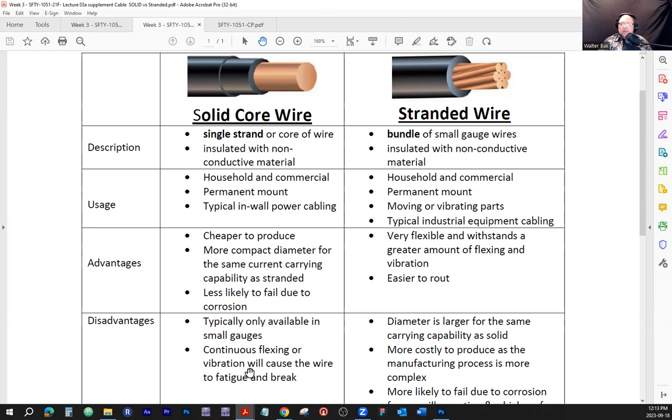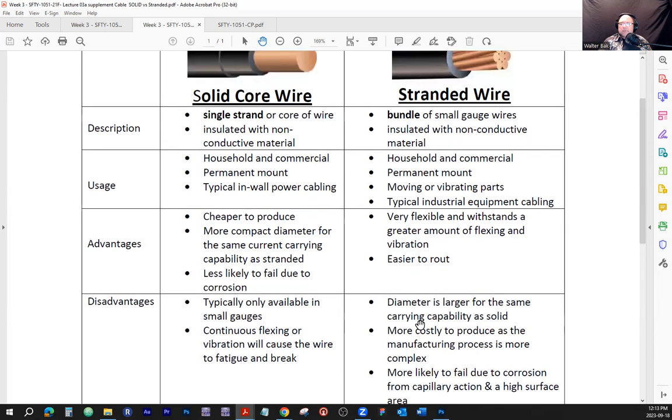Continuous flexing or vibration will cause the wire to fatigue and break because it is not as flexible as the stranded, of course. Now, the disadvantages of the stranded cable or conductor. Diameter is larger for the same carrying capability. That's what we were talking about.